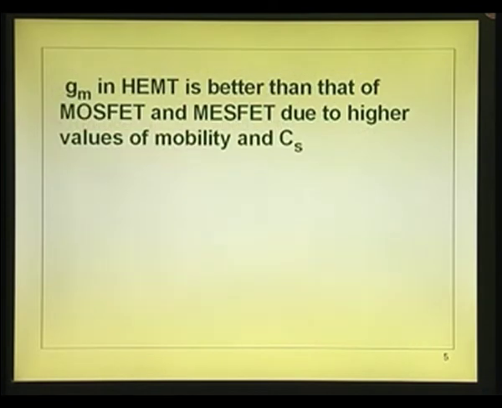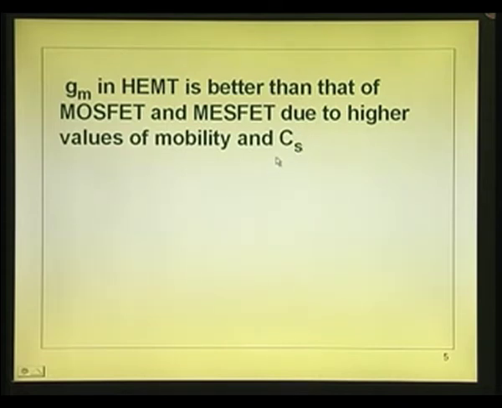Now, this is what we have said already, Gm in HEMT is much better than that of MOSFET, because mobility is 8 to 9 times larger, C s is at least 3 times larger. So, at least 25 times better Gm compared to MOSFET.